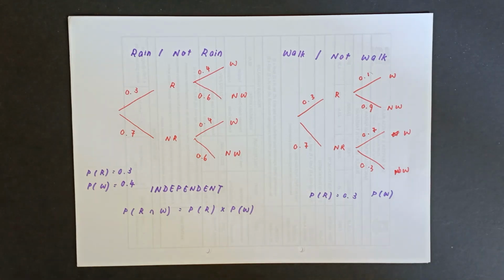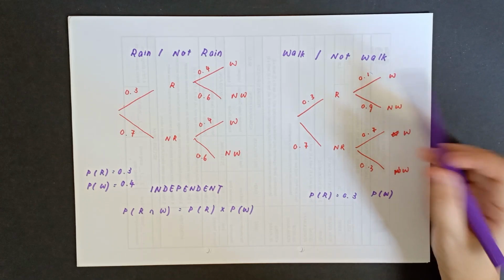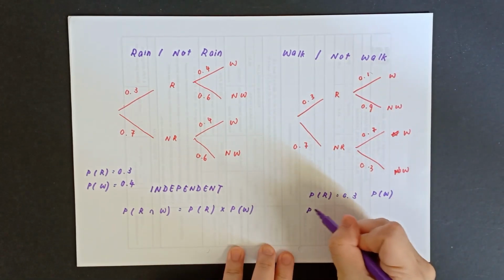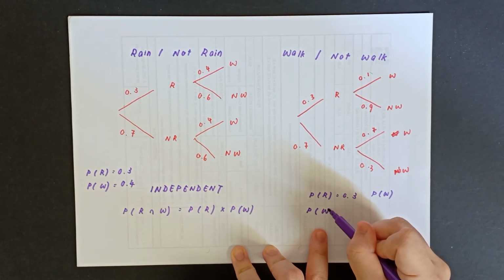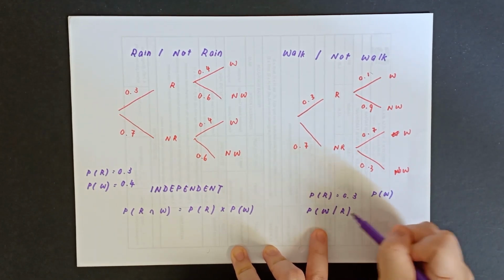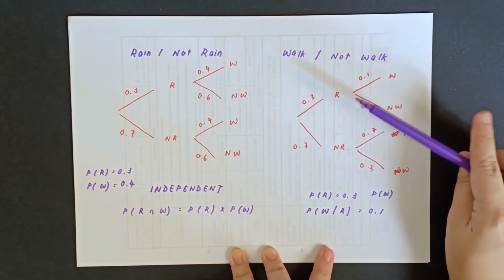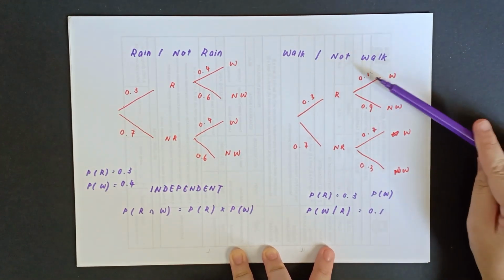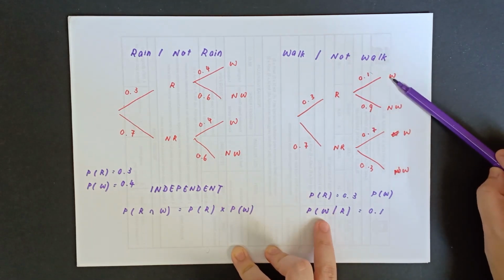Okay, so how do I actually write the probability here? It's basically the probability for me to walk to school given that it's raining. The 0.1 here is the probability for me to walk to school given that it's raining.